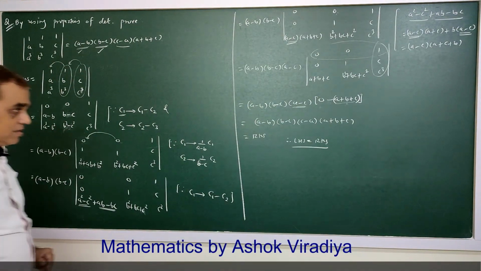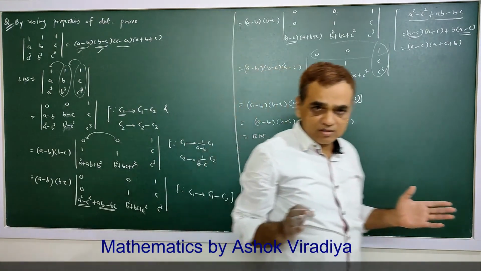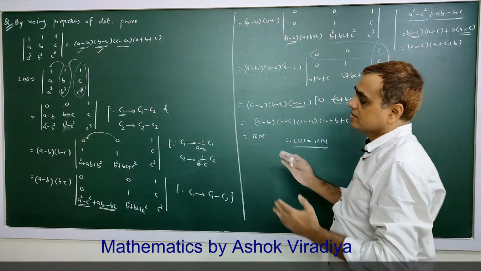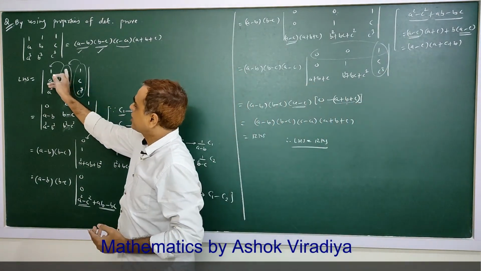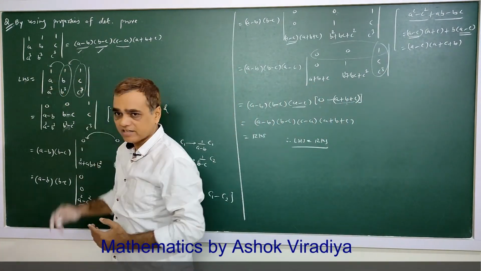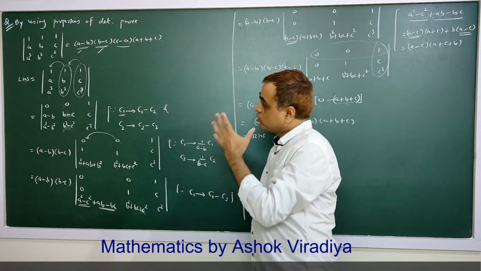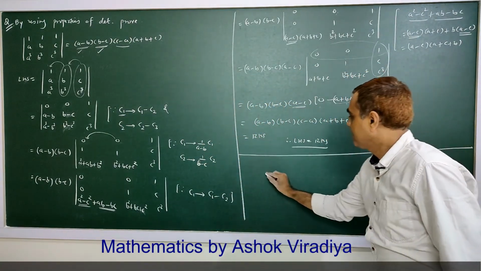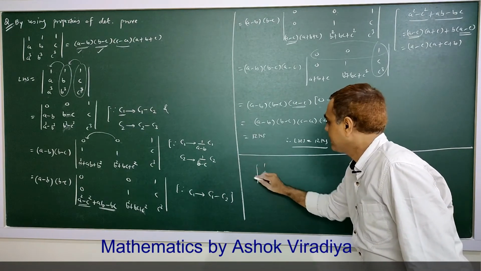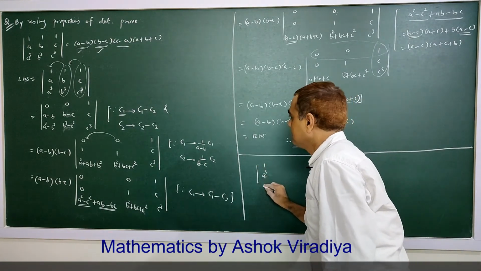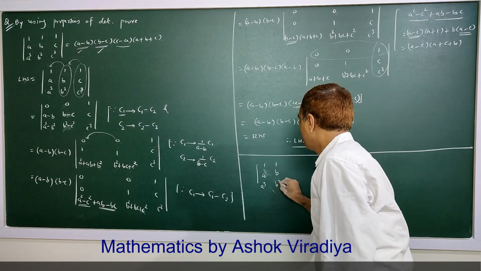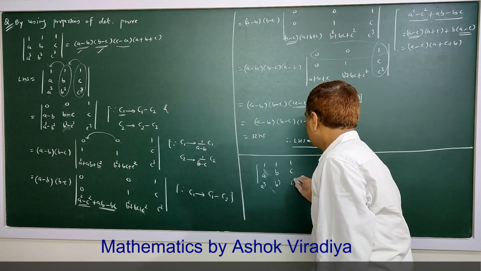Say here there is no unique method. It's not necessary that I start with this action, subtract second from first, third from second. You can also start this way. See here 1, a cube, 1, b cube, 1, c cube.